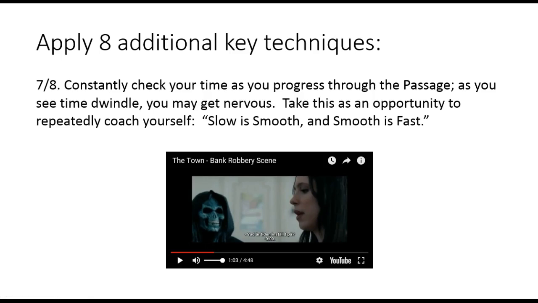There's one bank robber who's telling her, hurry up. He's rushing her. She starts screwing up when she tries to rush. The other bank robber steps in and says, hey, as you open this safe, relax. Take your time. Take a breath. Basically saying, hey, go slow. And when she goes slow, she does it correctly, and she opens the safe right up.